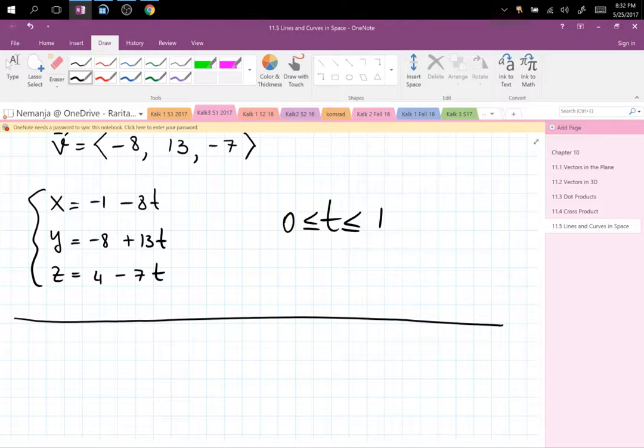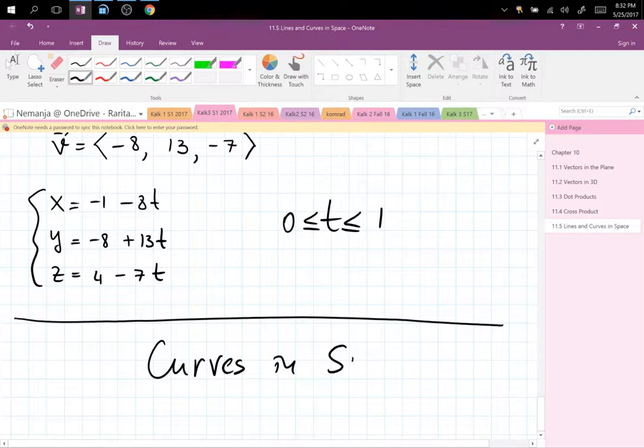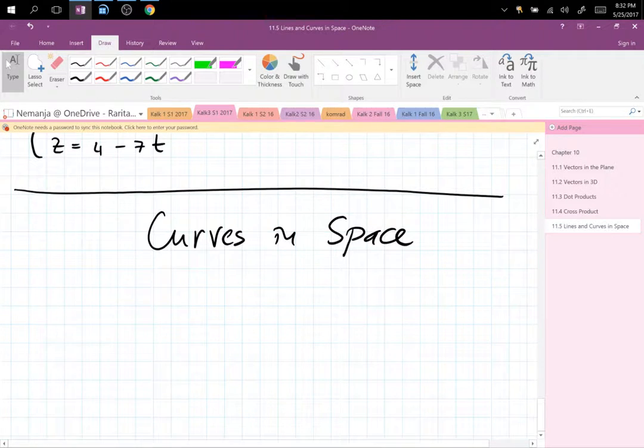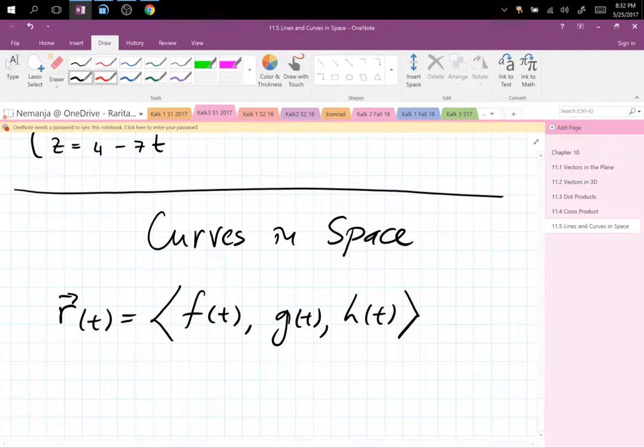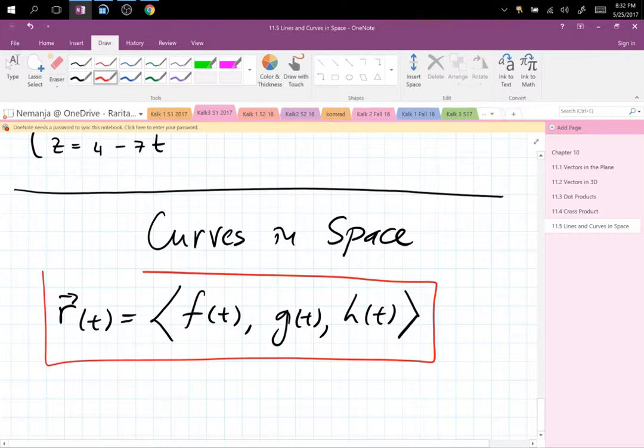So curves in space, we are going to, again, start with r of t is f of t, g of t, h of t, three functions which generate the vectors, which generate the endpoints, which point by point creates the line.